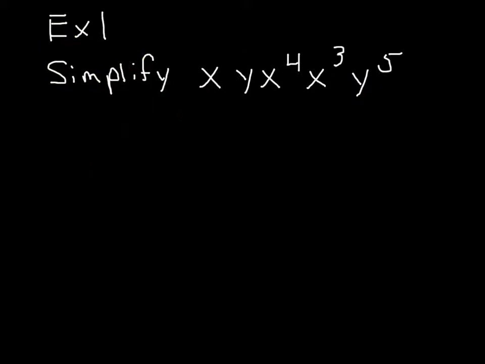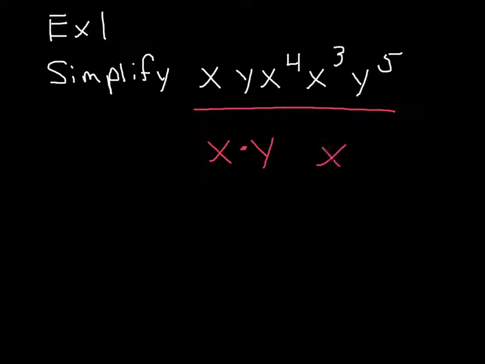Now let's take a look at example 1, and it says simplify this expression. What I have here is an expression that has all multiplication. So when I have x right next to the y, that means x times y times x to the fourth times x cubed times y to the fifth. In the first part of it, I don't need to write a dot between x and y.